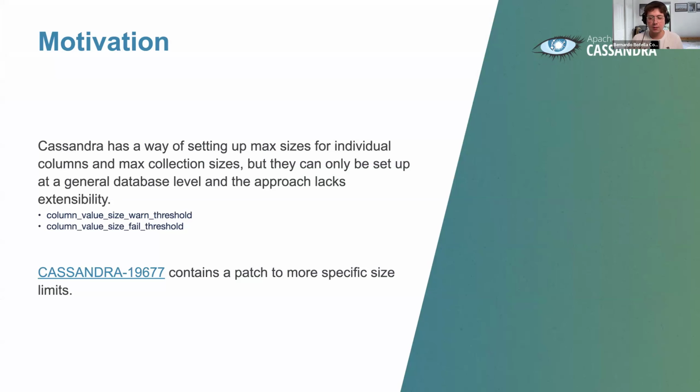Not being able to have limits for those large data blobs has become an issue at some point for someone. So of course, we started to think there must be a better way for this, and we started taking a look at what's existing on Cassandra.